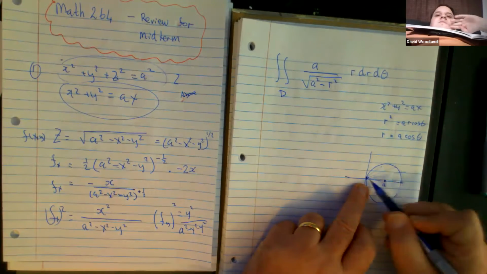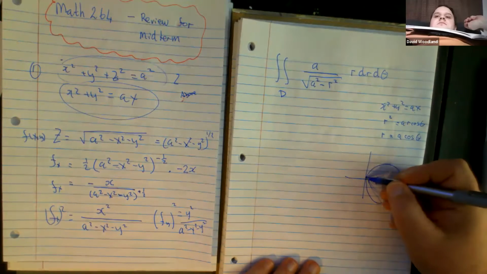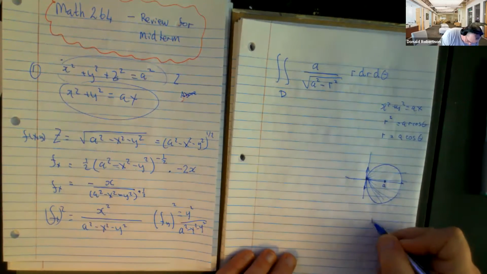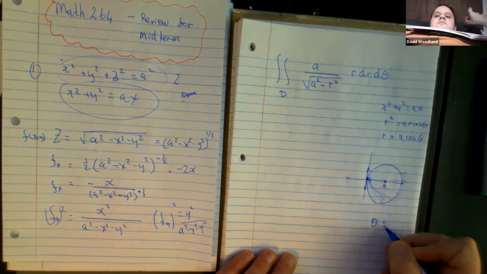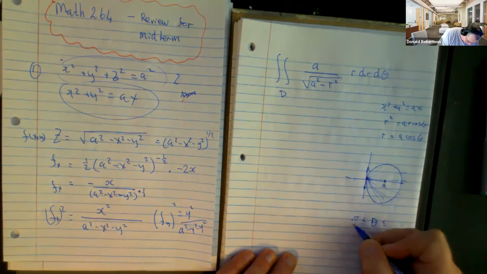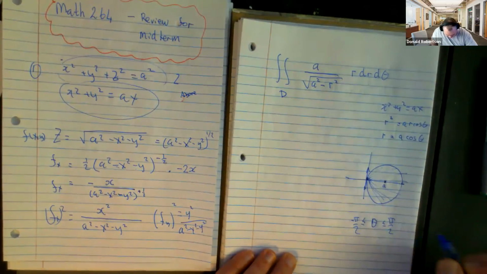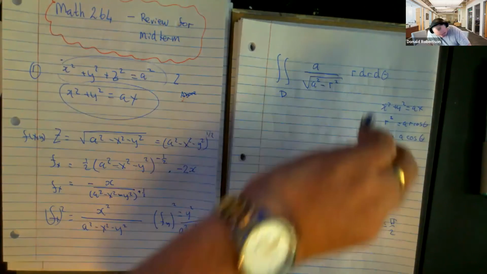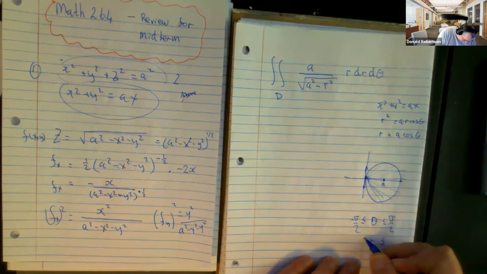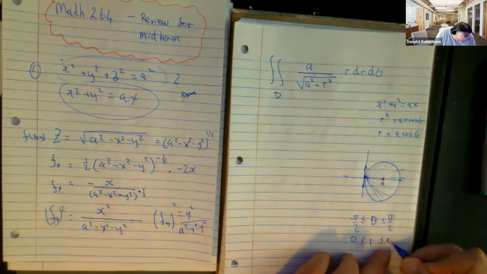If I do projection lines coming out of this, it's going to go from that direction to that direction. So that tells me that theta is going to go from negative pi upon 2 to pi upon 2. If I'm drawing this shape, down there is negative pi upon 2, and then rotate up to there is positive pi upon 2. And the r values are going to go from 0 to a cos theta.